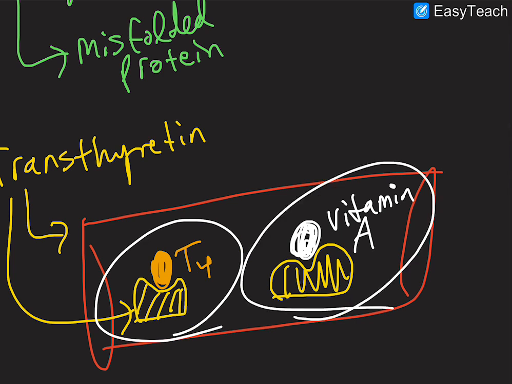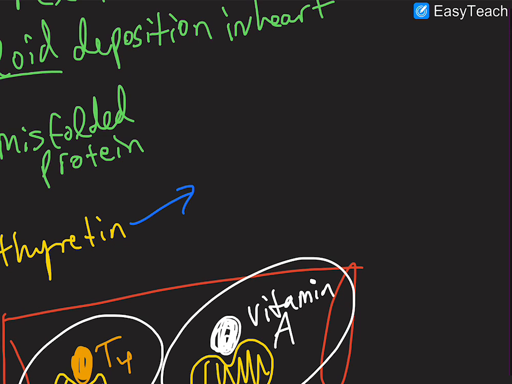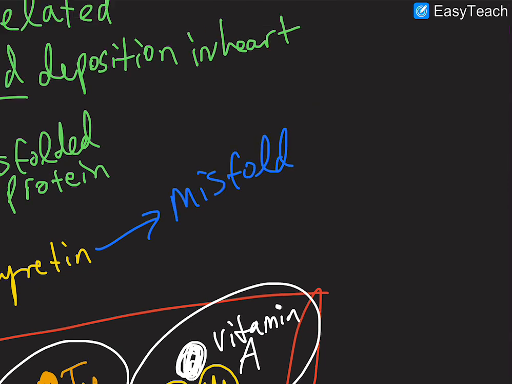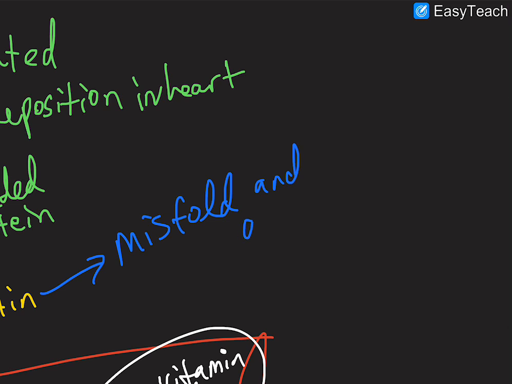Over time, or with aging, this protein, transthyretin, can actually misfold and aggregate. What that leads to is amyloid deposits in the myocardium.